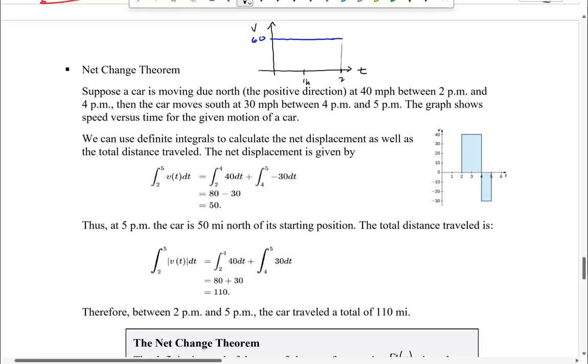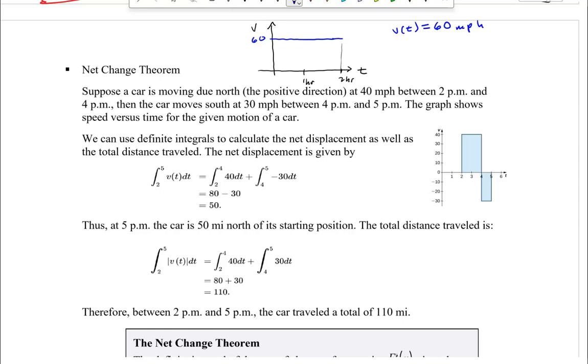So this is 1 hour, 2 hours. Basically, this function is telling us that the velocity is always 60 miles per hour, assuming the vertical axis is measured in miles per hour. And so we have this nice constant function.